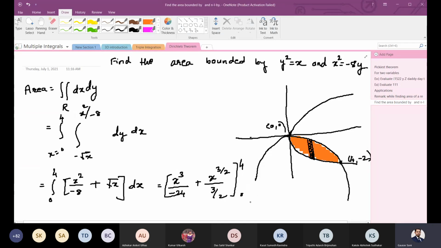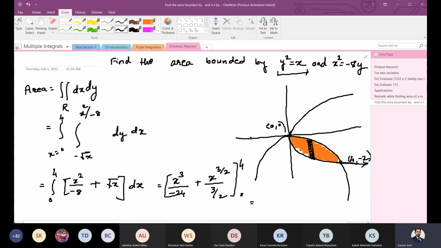Can you explain once again how you got the limits of y? It's simple to double integral, no? Lower limit to upper limit. This is the lower limit, this parabola. What is the equation of this parabola? Y square equal to x.